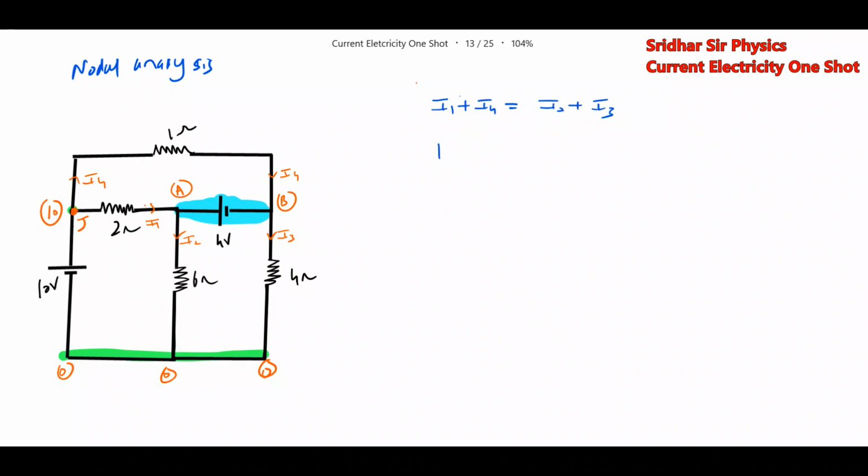What is I1? 10 minus A by 2. What is I4? I4 will be 10 minus B by 1. What about I2? I2 will be A minus 0 by 6. I3 will be B minus 0 by 4.